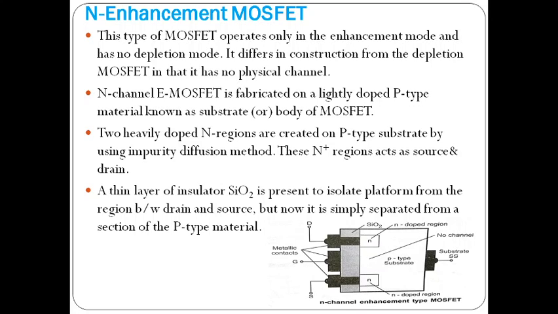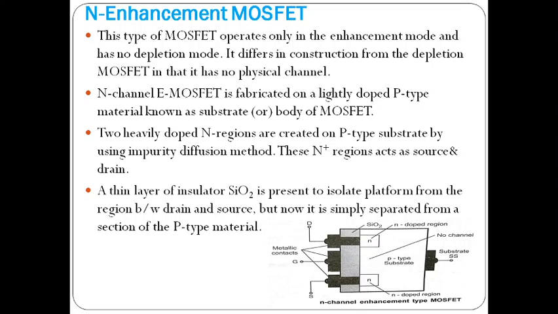We'll discuss the construction of n-channel enhancement MOSFET. We said the depletion MOSFET operates in the enhancement mode and depletion mode, but this type of enhancement MOSFET always operates in enhancement mode only, and it does not have any depletion mode.